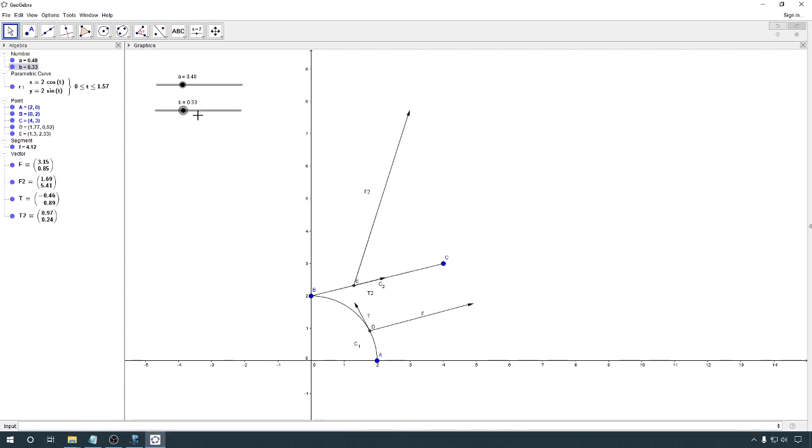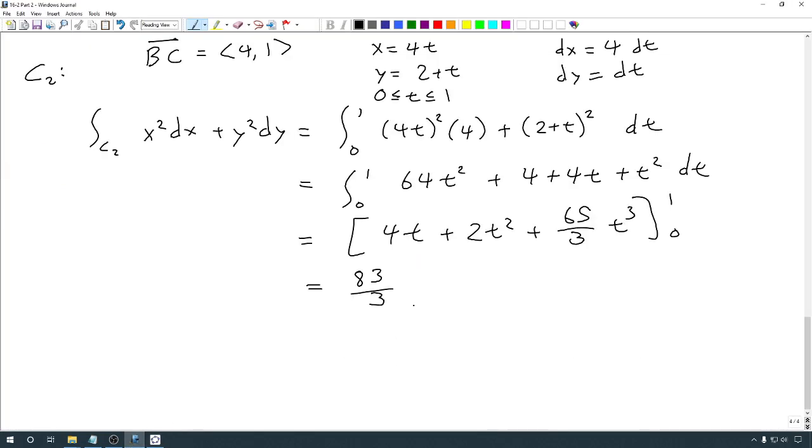Because we always have an acute angle between the two vectors, we always have a positive value for that dot product. And because F2 is so long, we actually get some pretty big positive numbers, at least compared to what we were dealing with back on the quarter circle. And so that's why we got a value of 83 over 3.